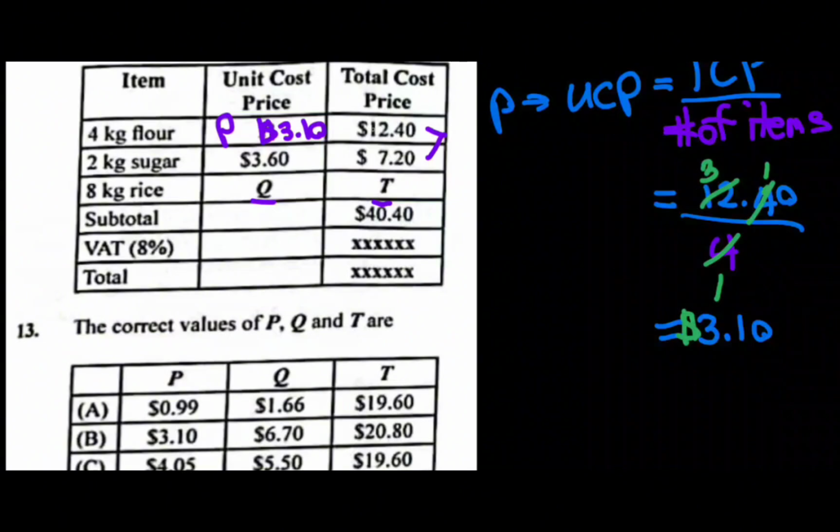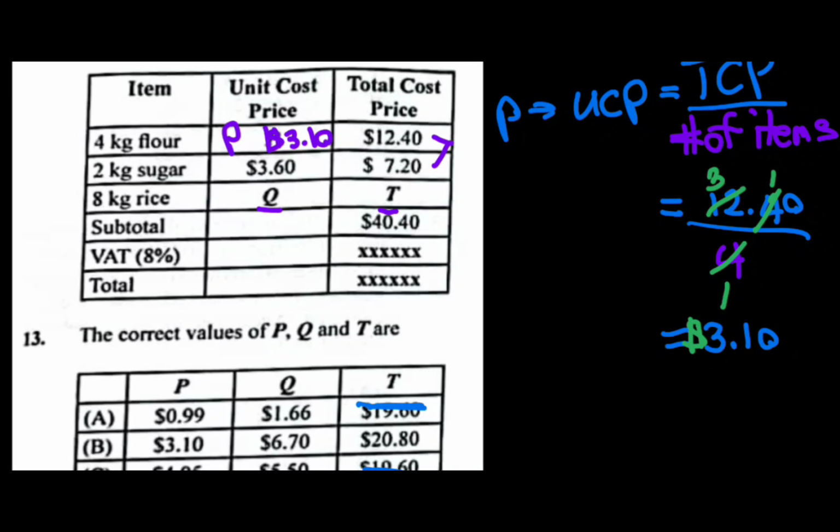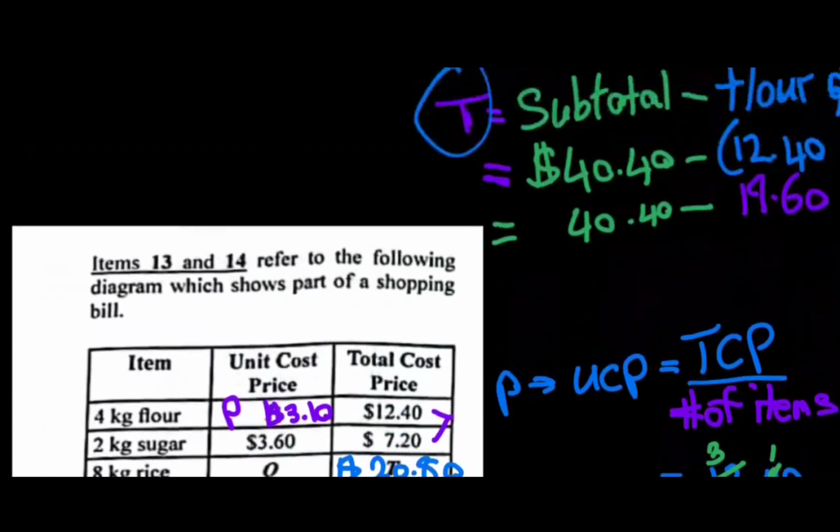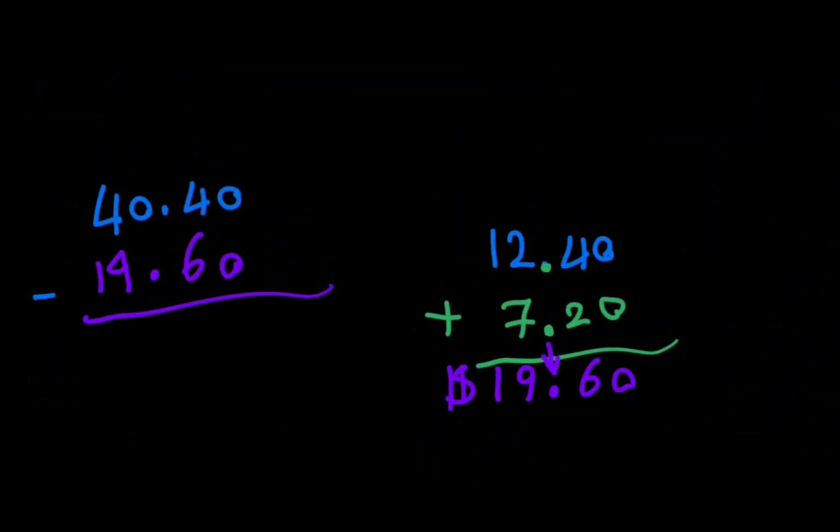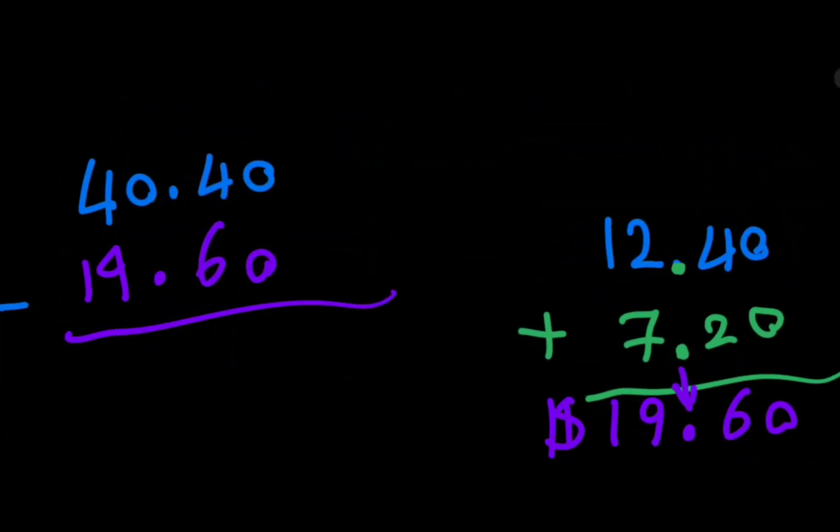We just got $19.60 from adding the 12.40 and the 7.20. So therefore the next value will have to be what T is going to come out to be. So that'll be 20.8. There's no need to go ahead and do that other working anymore.